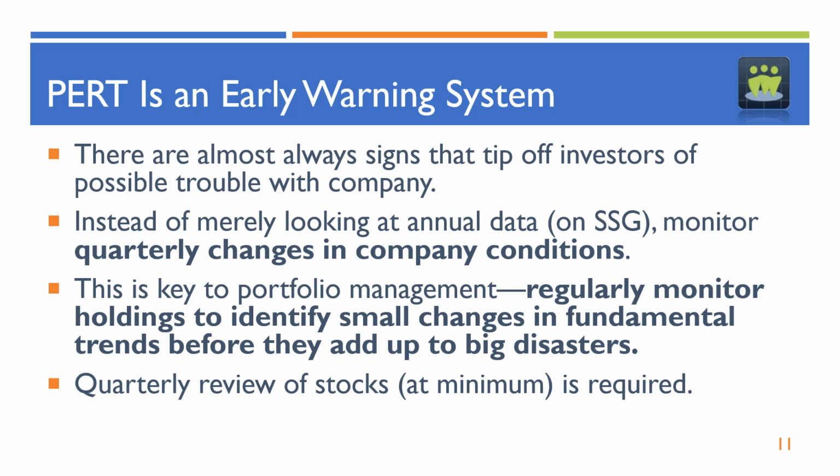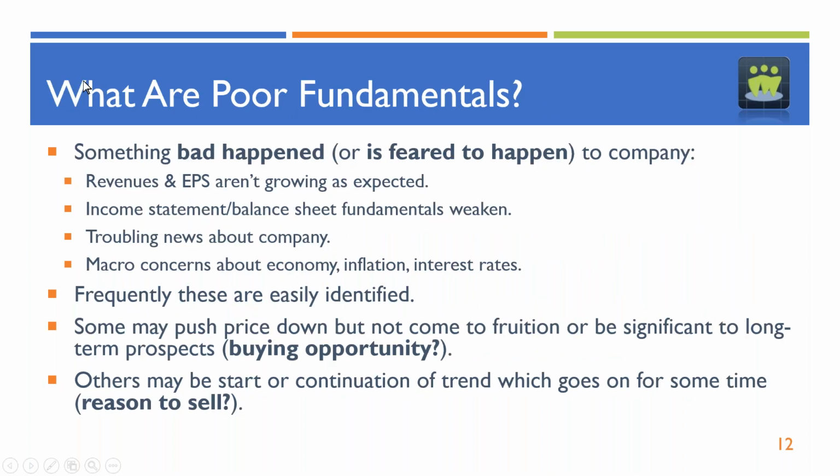But we're talking about the slow downward drift that is almost indiscernible unless you're paying attention, until one day the market wakes up and says, hey, this company really does look like it's having problems, and the massive sell-off occurs. So we want to be ahead of the herd in many respects, and we can do that with a quarterly review pretty effectively. It's a very time-efficient way of addressing your portfolio.